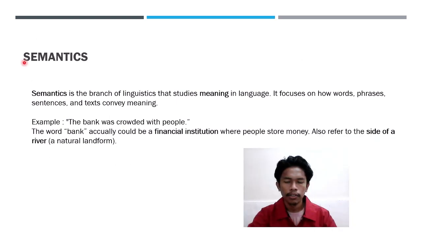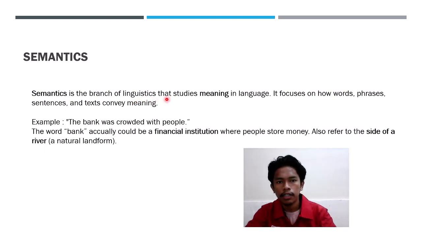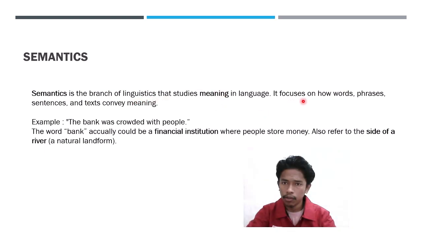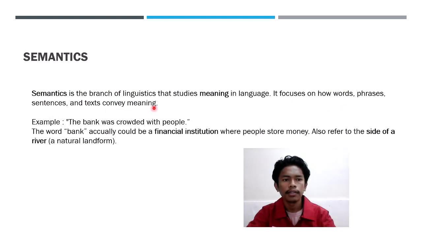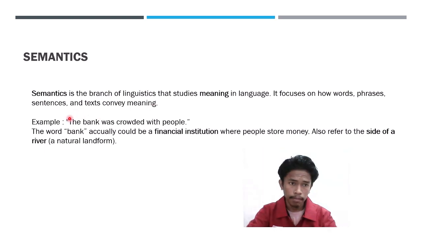It's about semantics. Semantics is the branch of linguistics that studies meaning in language. It focuses on how words, phrases, sentences, and text convey meaning. For example, the bank was crowded with people.